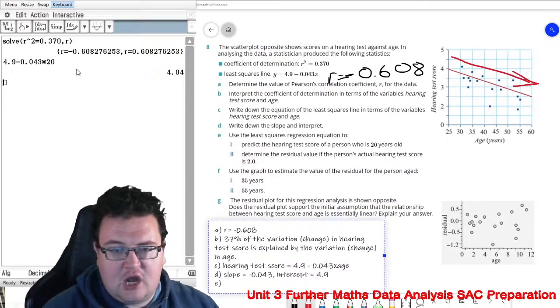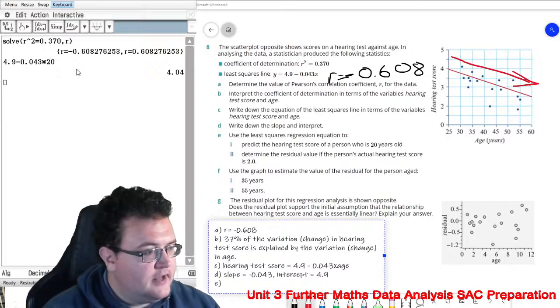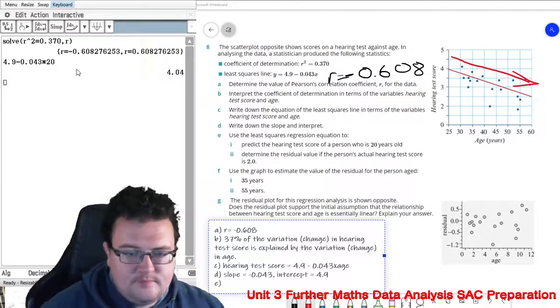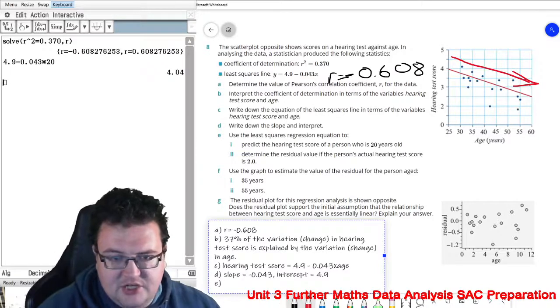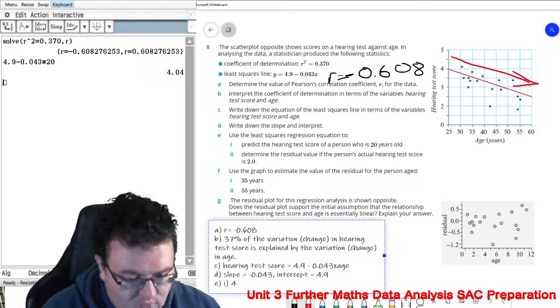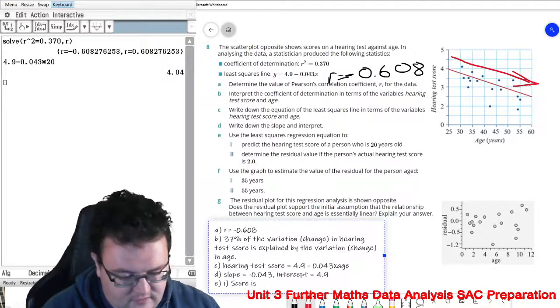And the answer should come out to be 4.4. No, 4.04. So the score is 4.04.